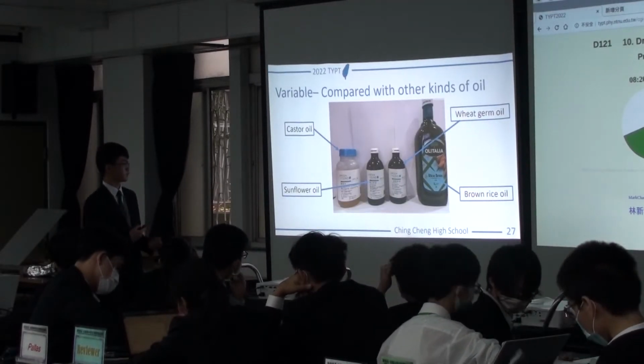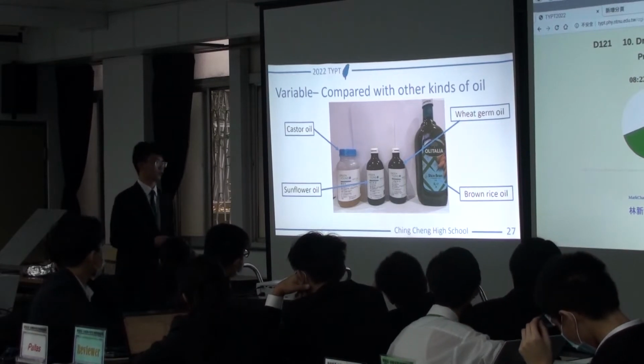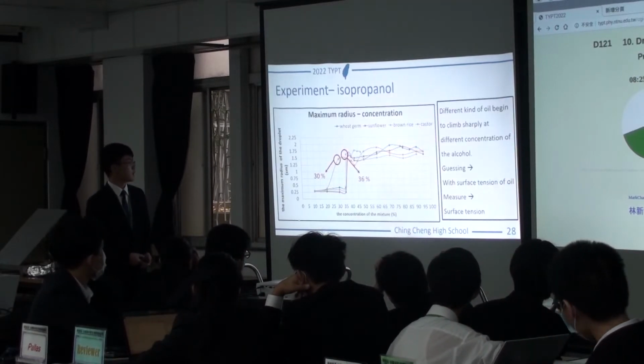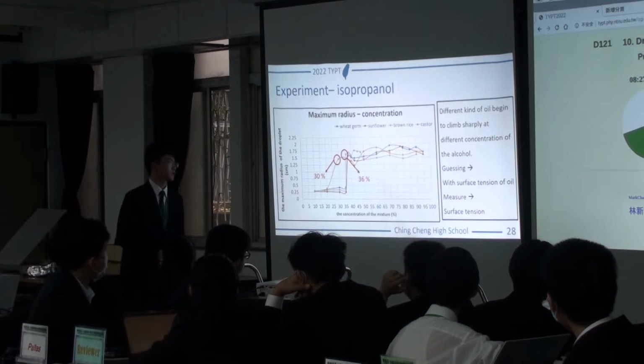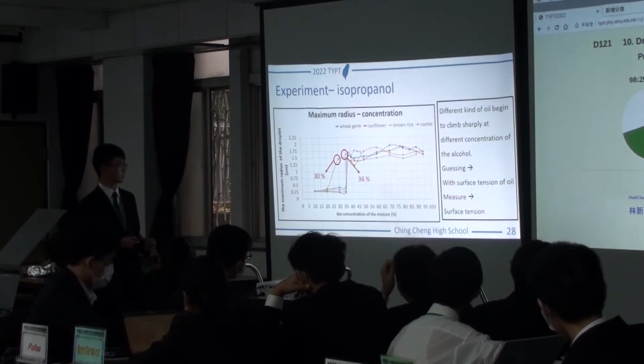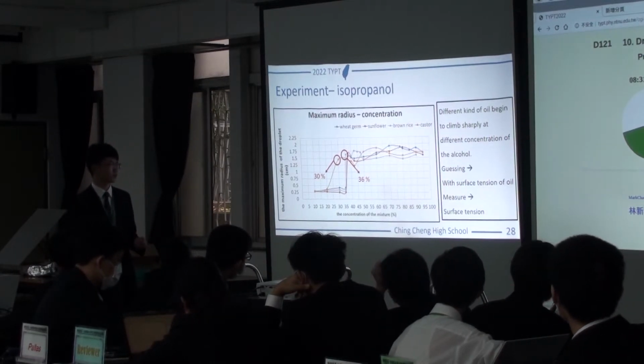This time we change the kinds of oil: castor oil, sunflower oil, winter oil, and brown rice oil. We can find that different kinds of oil begin to climb sharply at different concentrations of alcohol.